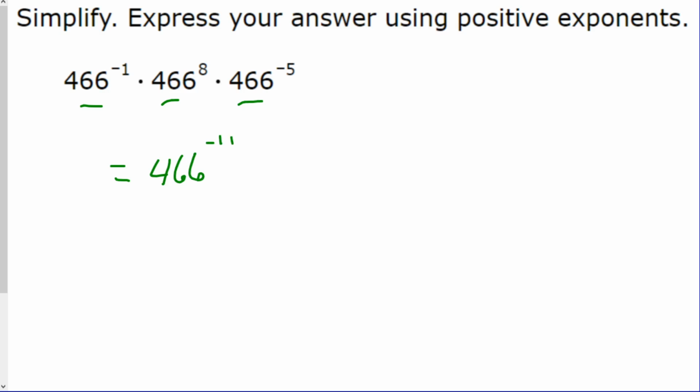So negative 1 plus 8 plus negative 5. The base is not going to change, so I'm just going to write it down. Negative 1 plus 8 is 7. 7 plus negative 5 is 2. So all this can be simplified to 466 squared.